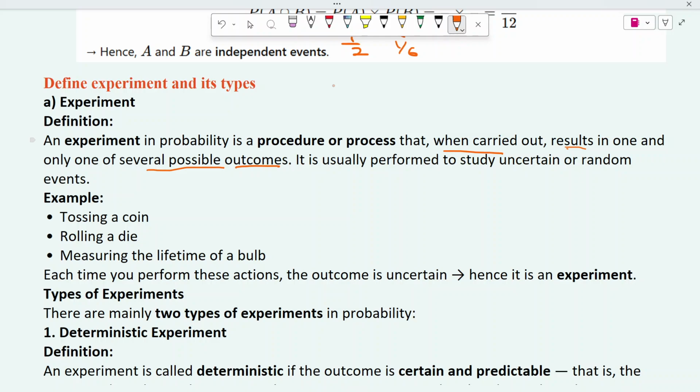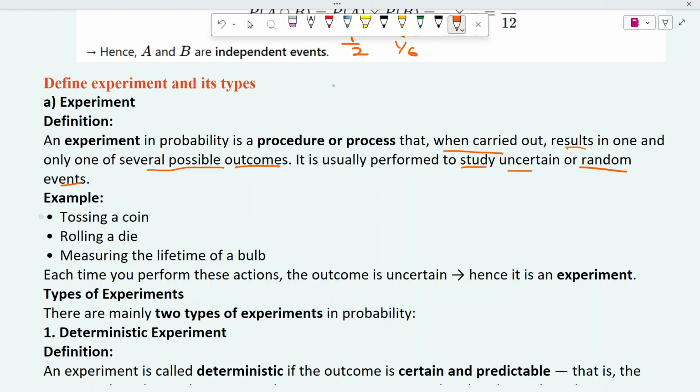Whenever we are doing something, we will get one or several possible outcomes. It is used to study uncertain or random events. Its main purpose is to study the uncertainty of the events.